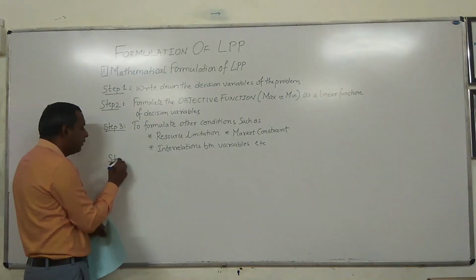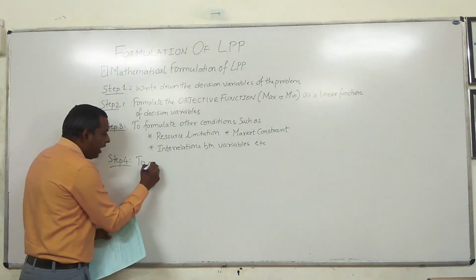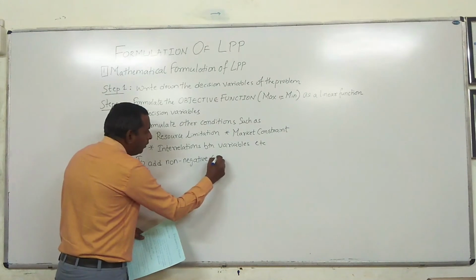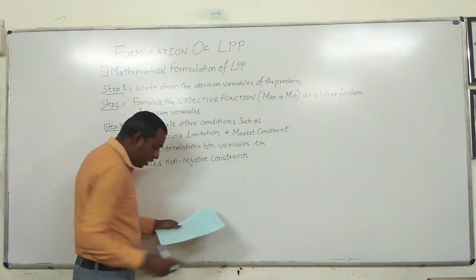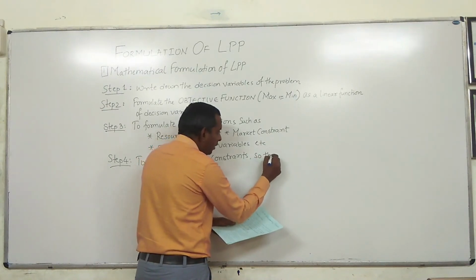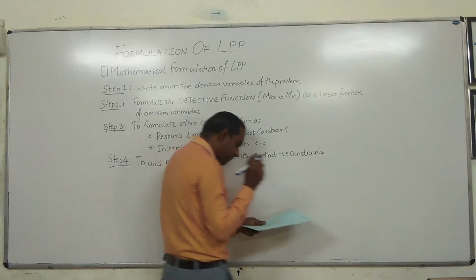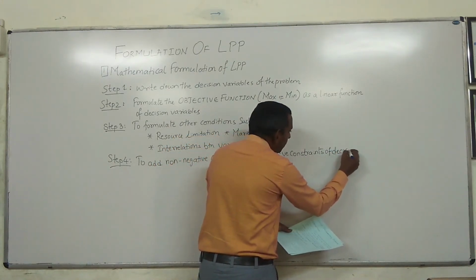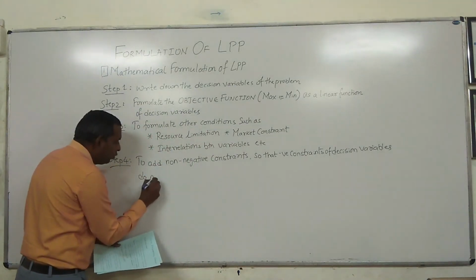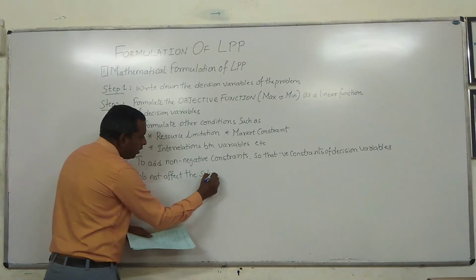Whereas in step 4, to add non-negative constraints, so that negative constraints of decision variables do not affect the solution.